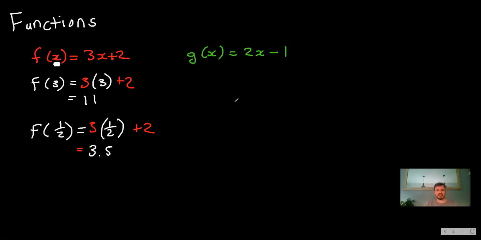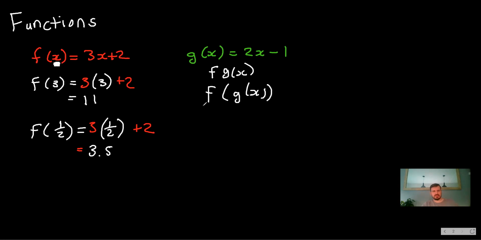Now, South Africans battle with this because it's something new. They will ask something like, what is f of g of x, or they'll write it f g of x. This means the same thing. So where you see f g of x and f of g of x, it is the same thing.